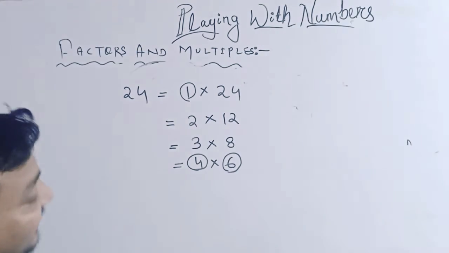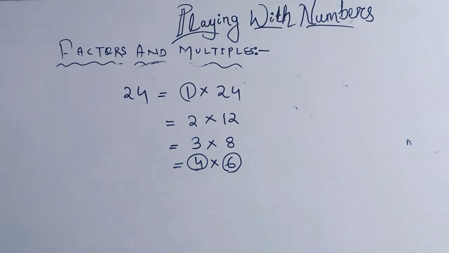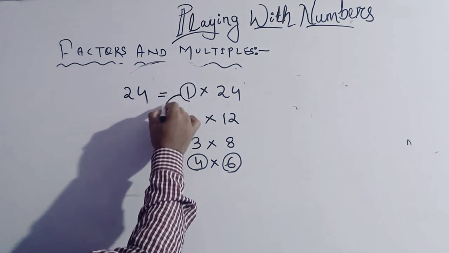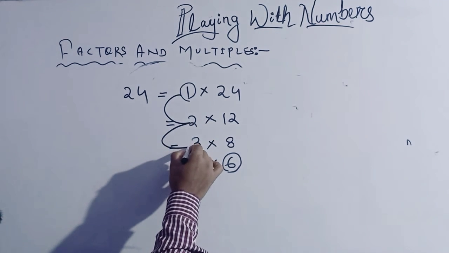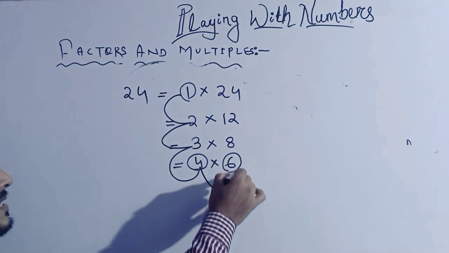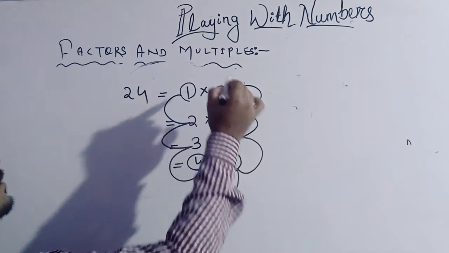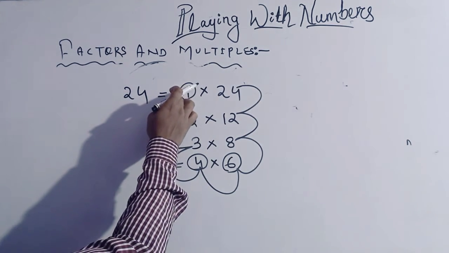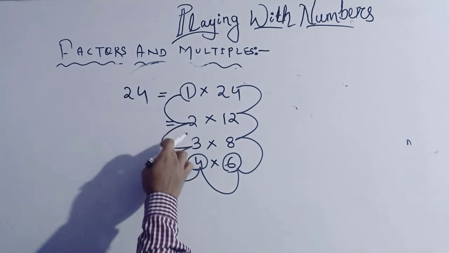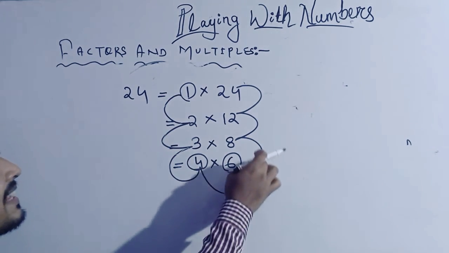Then see how to write which numbers are the factors. 1 is a factor, 2 is a factor, 3 is a factor, 4 is a factor, 6 is a factor, 8 is a factor, 12 is a factor, 24 is a factor. So you just have to arrange the factors in ascending order, which I wrote this way.